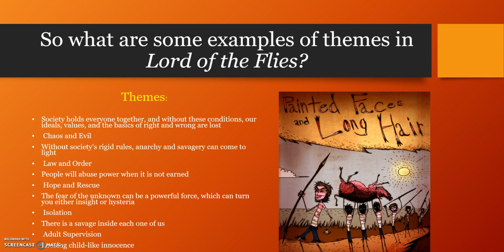If you remember, Simon realized for himself that everybody has a beast within them and there isn't actually a beast. You lose that childlike innocence when you're on an island by yourselves with other kids and nobody is telling you what to do and you have to fend for yourself. So those are just a couple other things. You see I have a lot of them listed, so take a look at them.